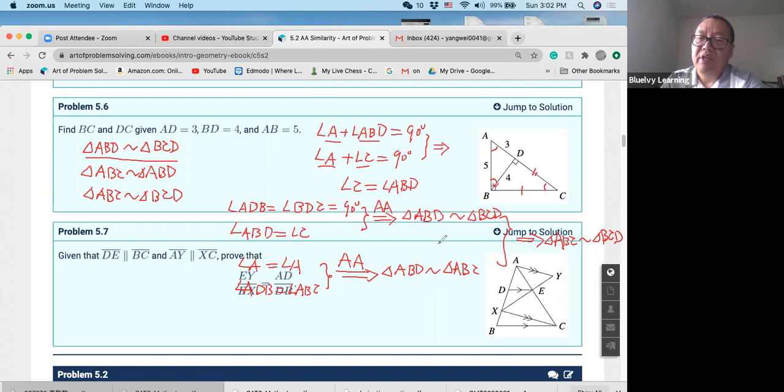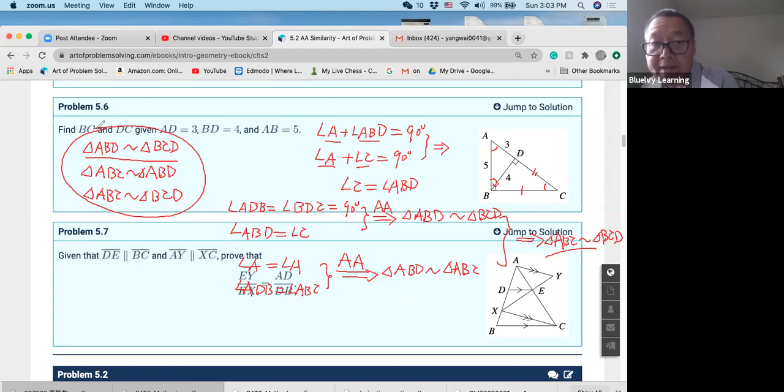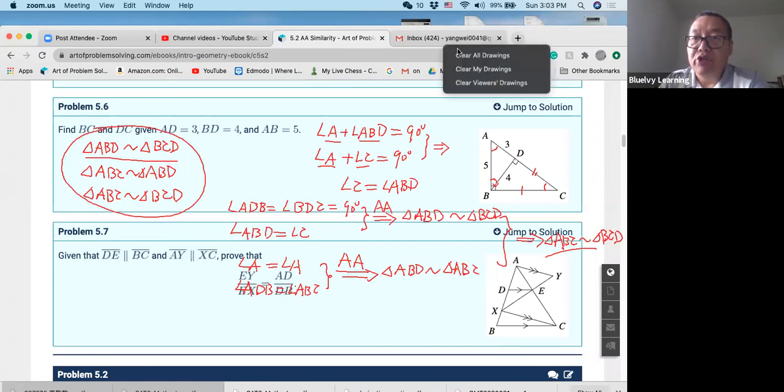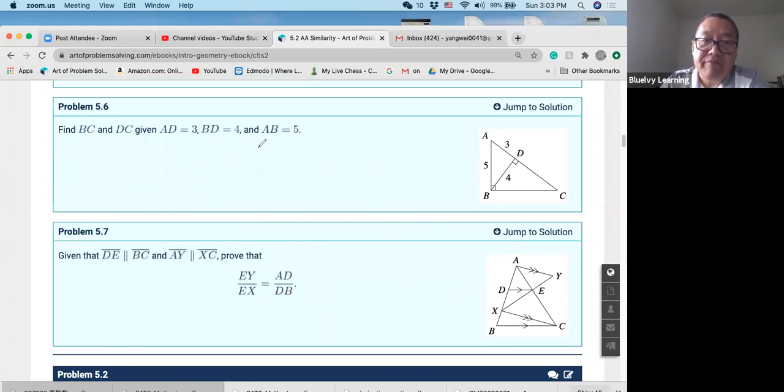Then we can use triangle ABD as a bridge to connect triangles ABC and BCD. They are also similar, right? So by this, we already proved in this figure, we have three pairs of right triangles that are similar. Then you can get all the ratios you want. Say they ask you for BC and CD.